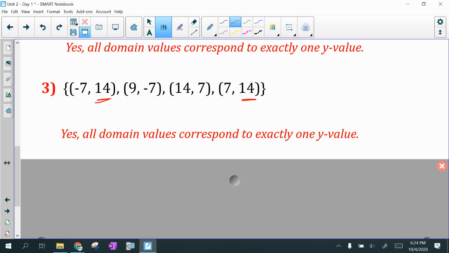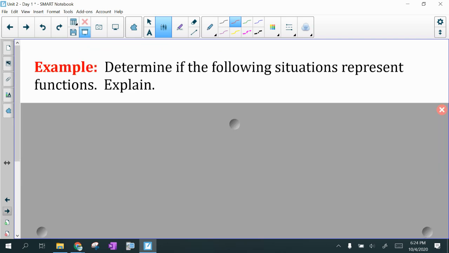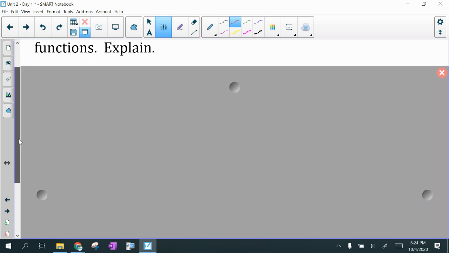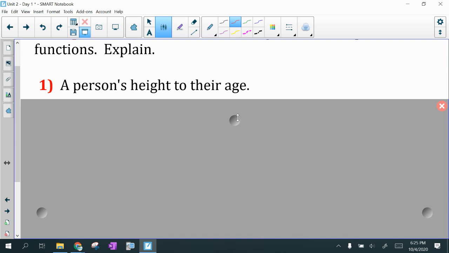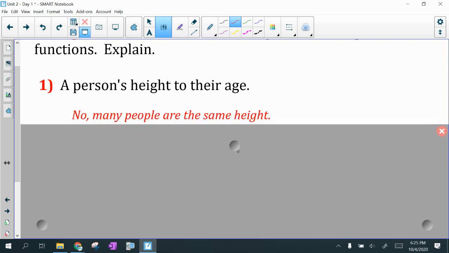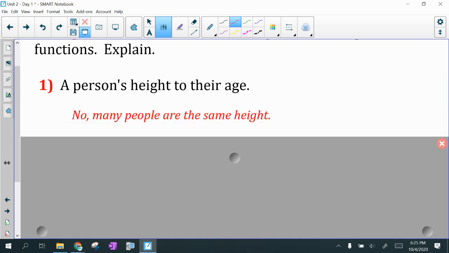All right, and let's just jump on then and determine if the following situation represents a function. Okay, so for the x, do you get more than one y? A person's height to their age. Well, you can say not necessarily, because it doesn't matter what your age is. Some people remain the same height once you get to a certain age.